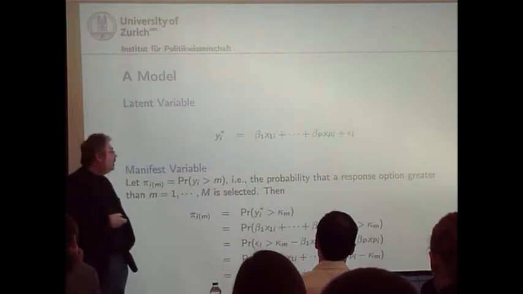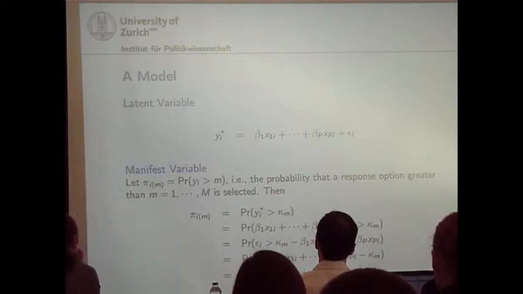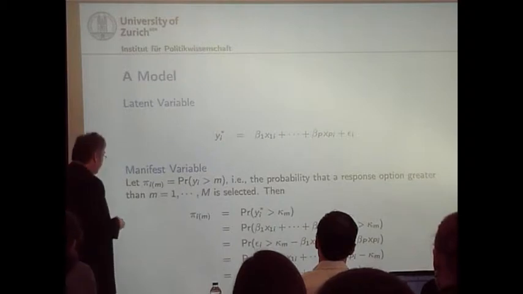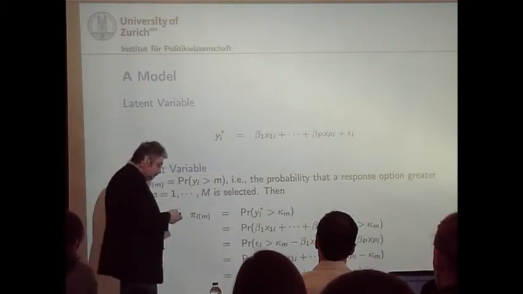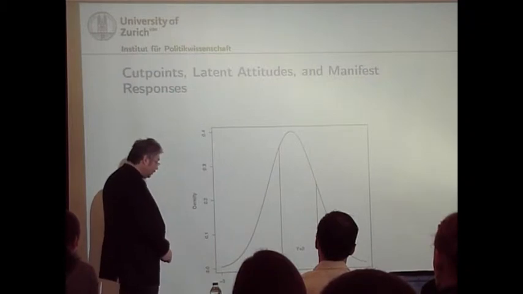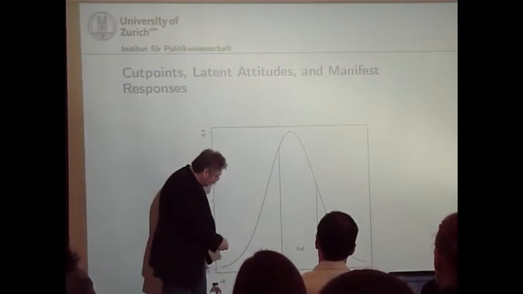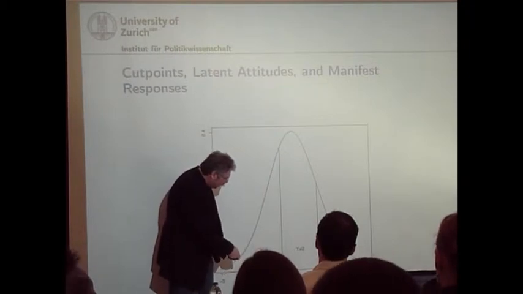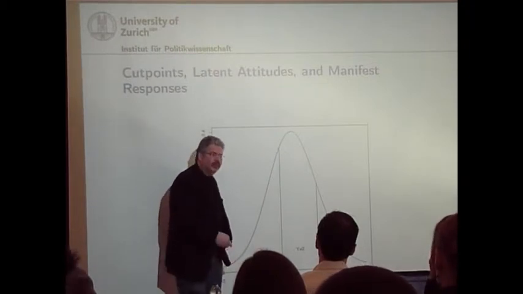And what we now do is say, okay, going back to this picture, if you want to give a response greater than 1, then your y star has to exceed kappa 1.